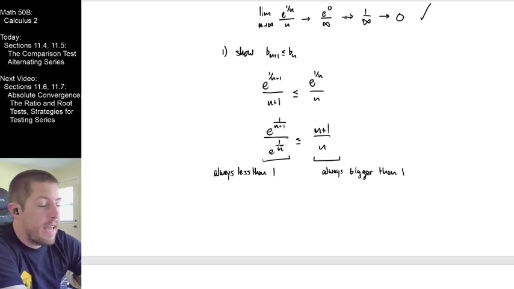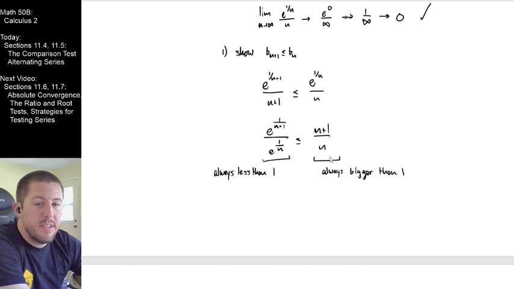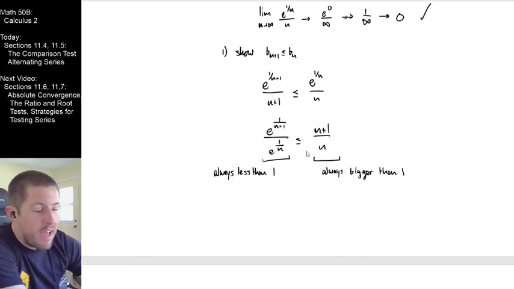So I think that by that comparison right there, if this term is always less than 1 and this term is always bigger than 1, then that guarantees that they're going to have that less than relationship.